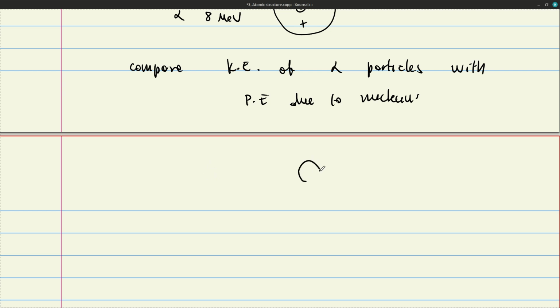I have this nucleus, and an alpha particle comes in and deviates back. Here there is only kinetic energy, coming from minus infinity. Here I have only potential energy. If I equate kinetic energy to potential energy, it's going to give me an idea of this so-called d min, which is going to be an upper bound of the nucleus, right?